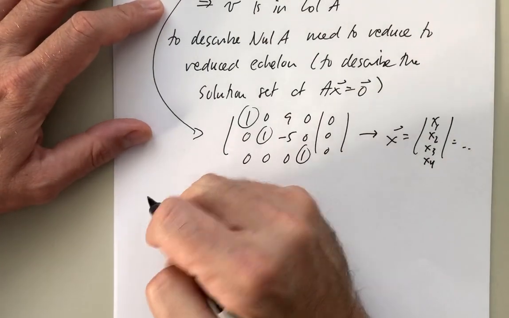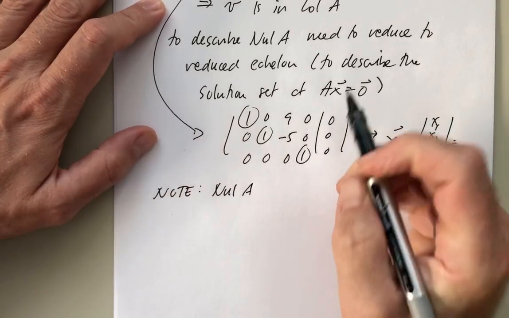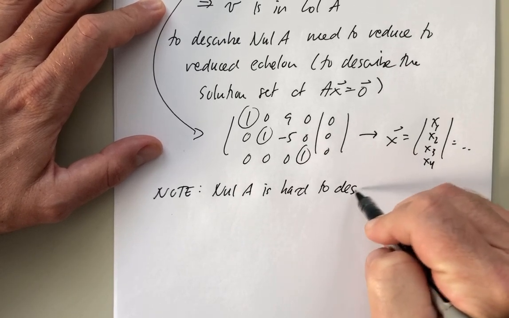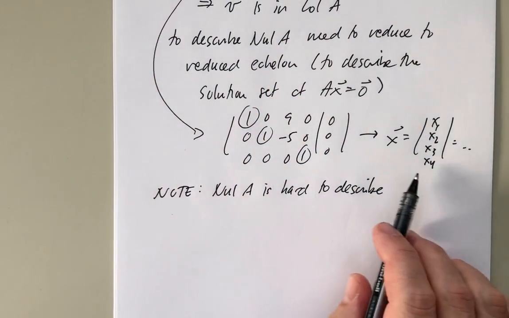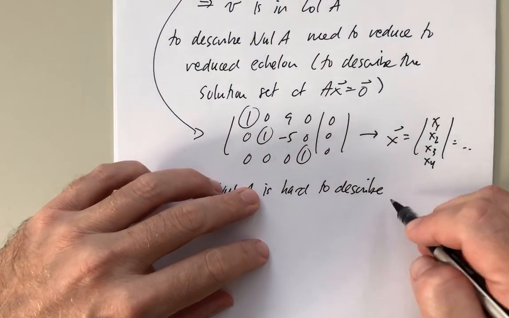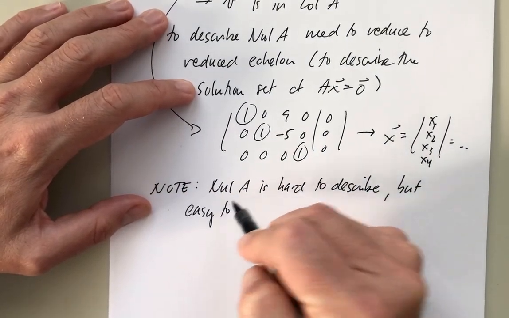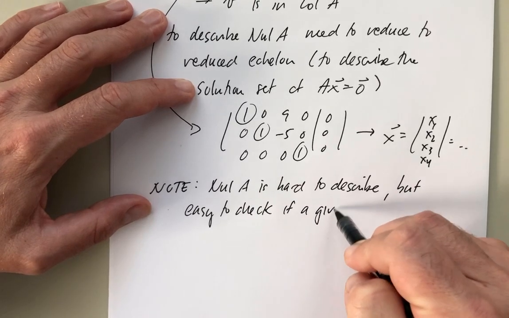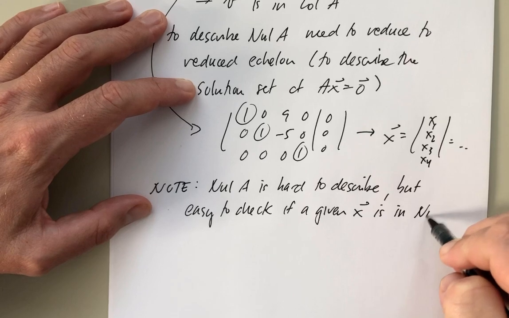So just an observation I want to make here. Note that the null space of A is hard to describe, in the sense that you need to make lots of row operations to get to a description, but it's easy to check if a given vector x is in the null space.